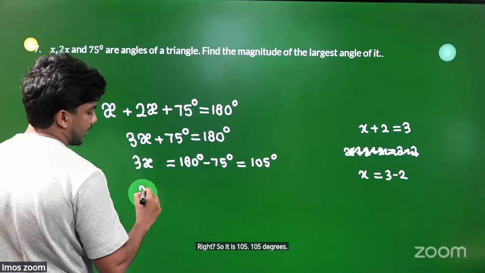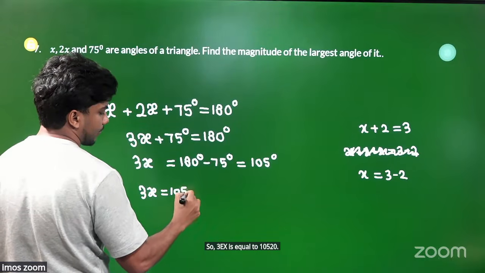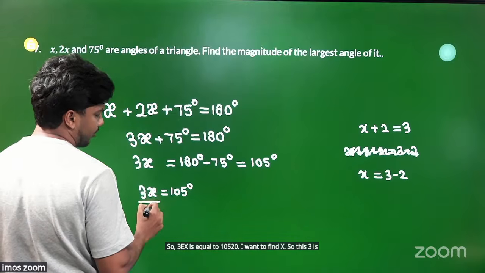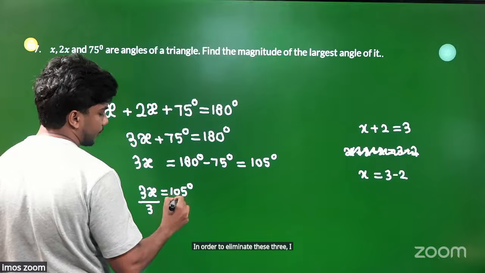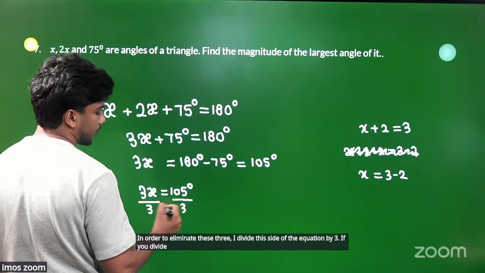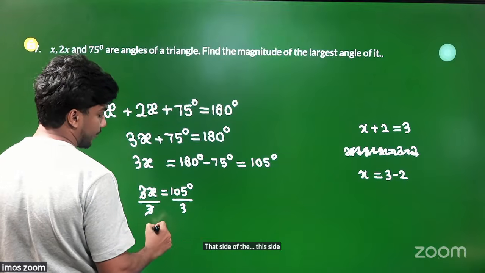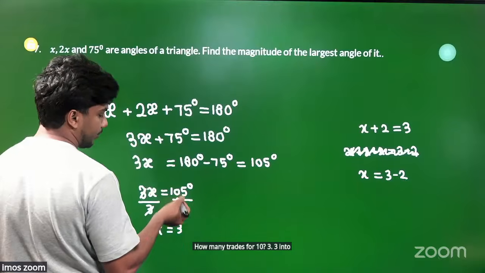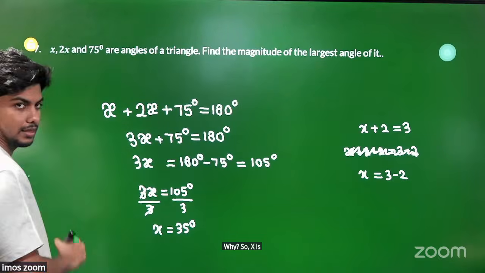So 3x is equal to 105. I want to find x. This 3 is a disturbance, so I want to eliminate it. In order to eliminate this 3, I divide this side of the equation by 3. If you divide this side by 3, you have to divide the other side by 3 as well. How many 3s in 10? 3. 3 into 3, 9. 1 left, 15, 5. So x is equal to 35.